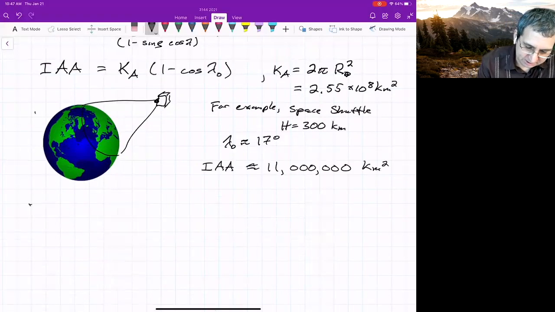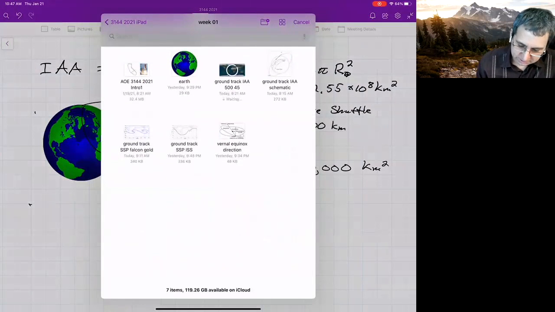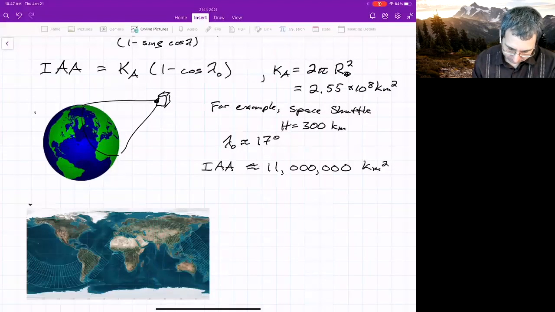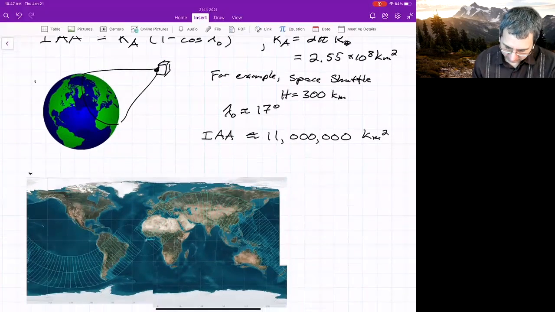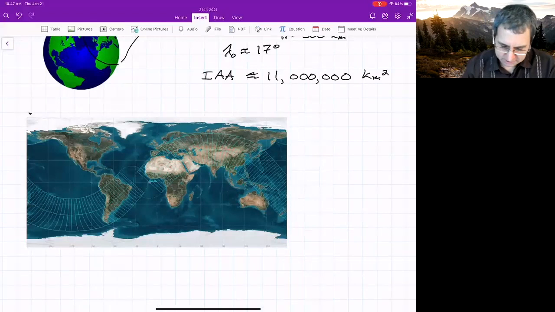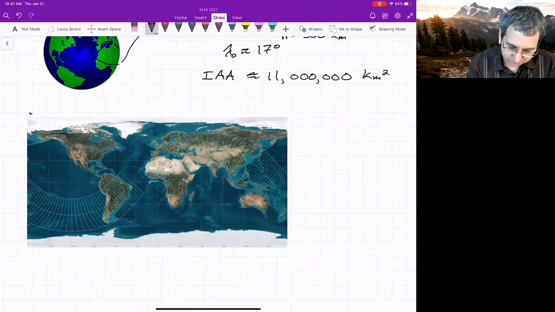So if we were to see that on a, this is the last figure and I'll let you go. The ground track, this is actually for a different example. Here's a ground track projected on a pretty looking Earth. This is for a satellite circular orbit, right? So this is the IAA along a ground track for one orbit.